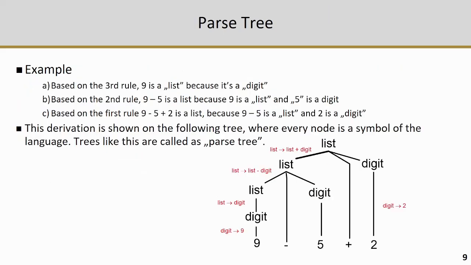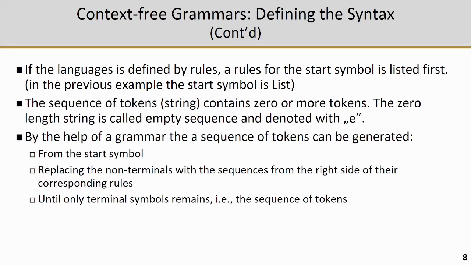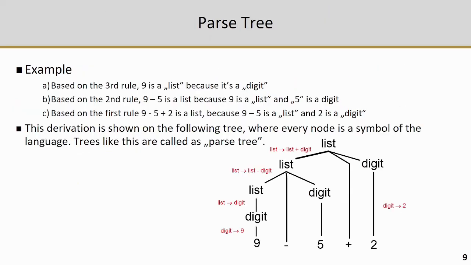Let's see an example. For example, we had these four rules here: list to list plus digit, list to list minus digit, list to digit, and then digit to the number symbols from 0 to 9.